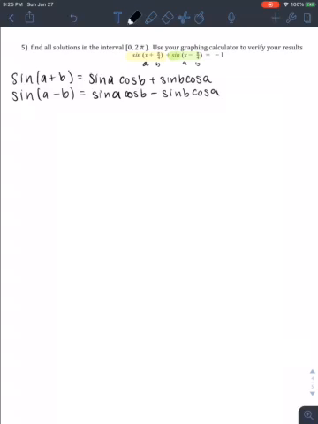So for the yellow one, we're going to use the sine of a is x times the cosine of pi over 4 plus the sine of pi over 4 times the cosine of x. Okay, and then we're going to be adding the second part, the sine of x times the cosine of negative pi over 4.